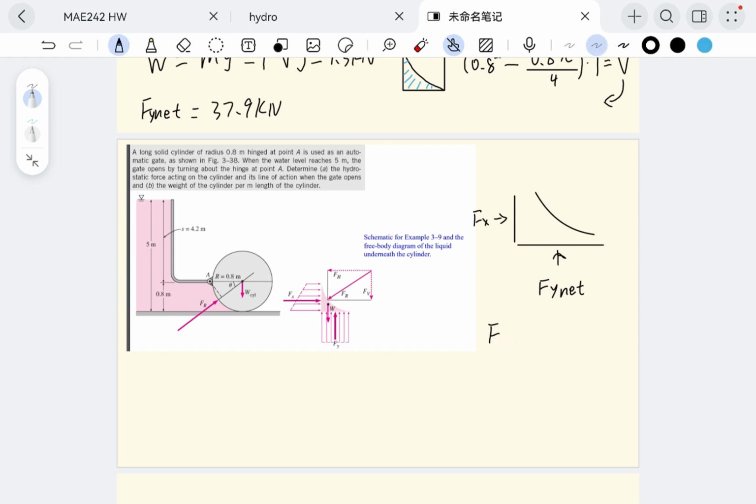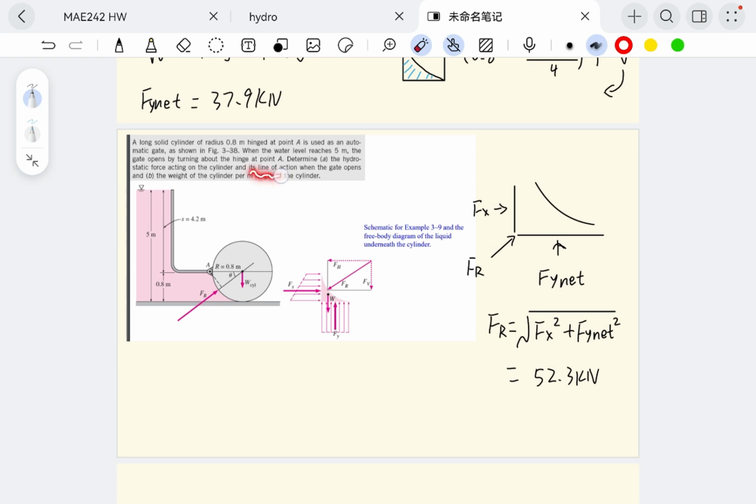Let's use the same symbol as the question. According to Pythagorean theorem, we found Fr, which is equal to 52.3 kilonewtons. So that would be the hydrostatic force that is acting on the cylinder.